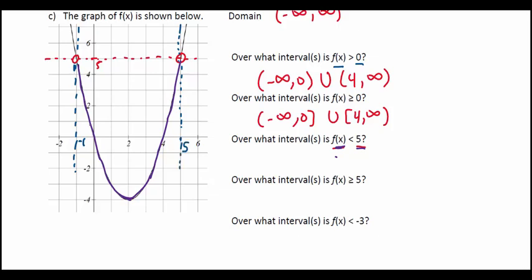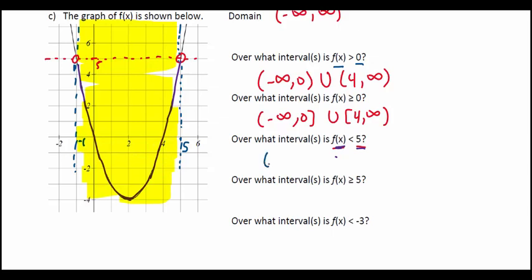So the part of the graph that I've shaded in purple here that is below 5, you can think of exists between these two blue dotted lines. And looking down here on the x-axis, you see that that would be the location where points have x values between -1 and 5.